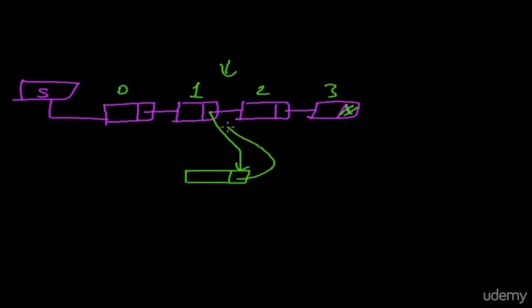So this will start pointing to the second node. Next, the link part of the first node needs to point to this temp node. So we will copy the address of this temp node here. So what will be the case now? This will start pointing to this, and this will start pointing to this. So we will be able to insert a new node in the specified location.